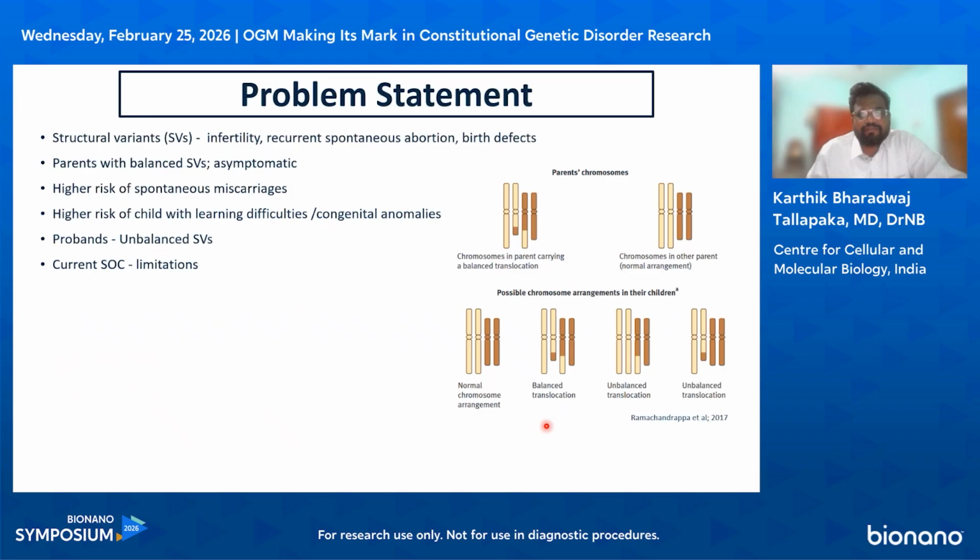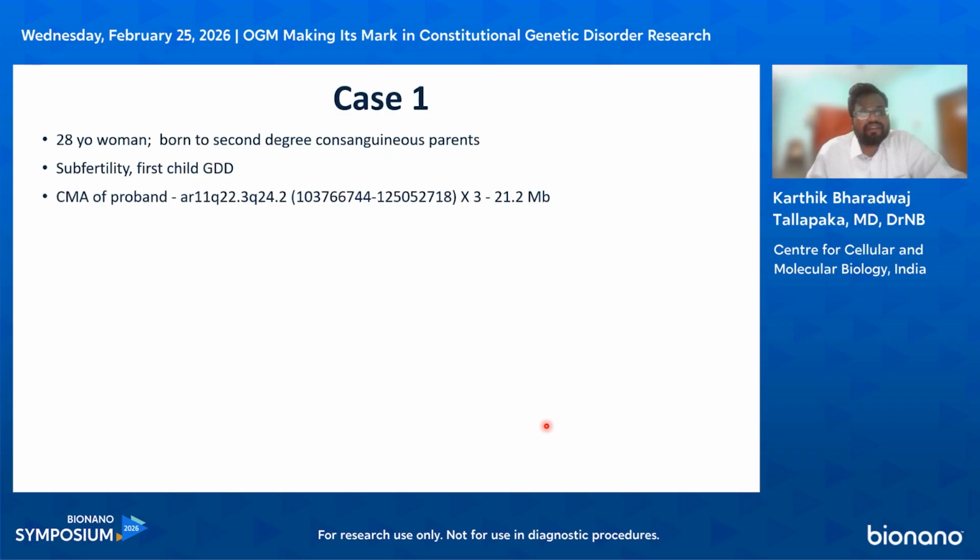So it is important to identify these cryptic structural variations, which determine the recurrence risk of these birth defects or structural variations in the progeny of such couples. Optical genome mapping, because of its technical advantages, is rightly placed to solve this kind of problem. So in this cohort, let me take you through a couple of cases before highlighting the findings that we found in this case series.